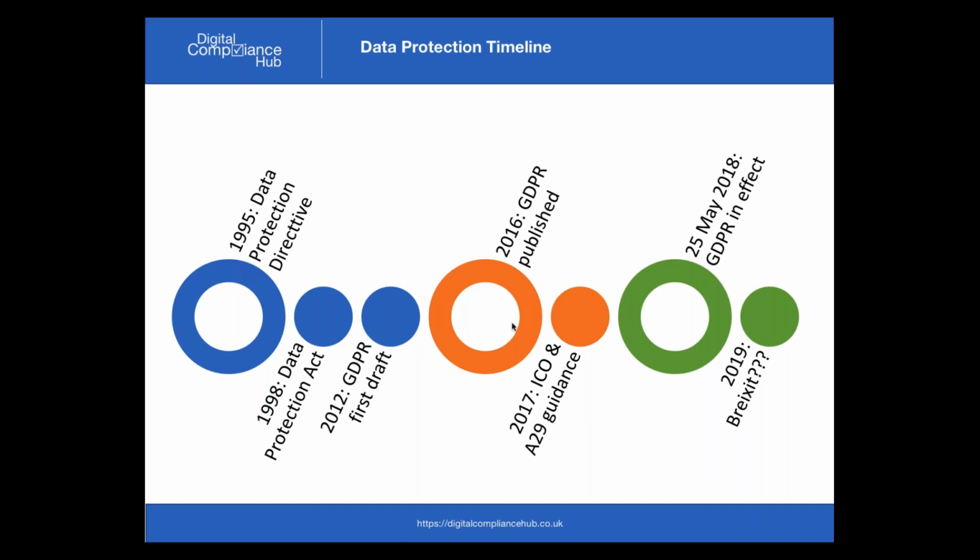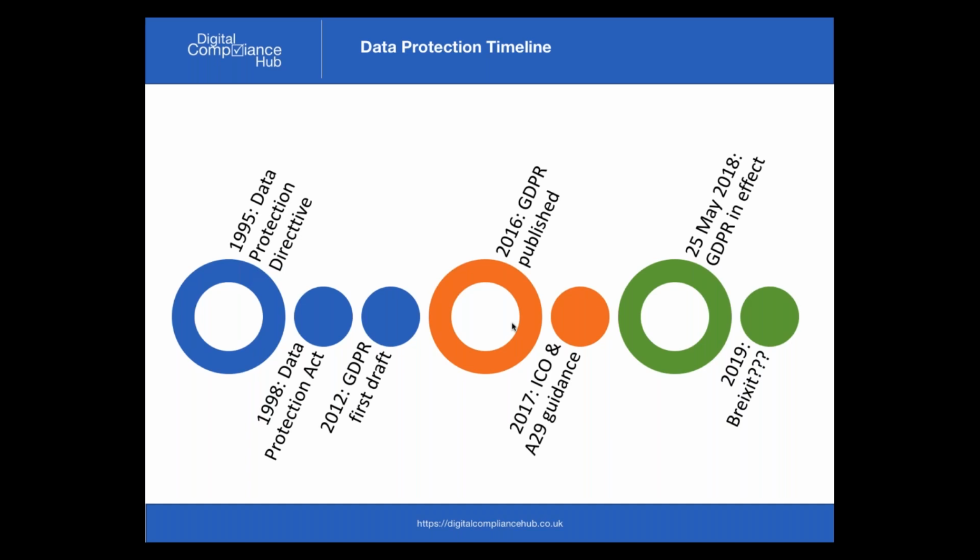And between now and 2018, we've got to think about what that might mean to all of our businesses and the data that we are processing. And there's expected guidance from the Information Commissioner's Office, that's the ICO, and the Article 29 Working Group, which is a group of all of the member state regulators.